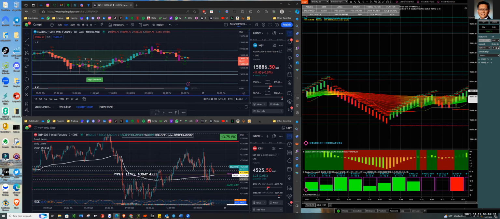The Dark Diamond Trend Sniper, the DDTS, is just the indicator. It gives you the buy sell signals like the Futures Pro does. The Futures Pro on TradingView is basically the offshoot or the twin in NinjaTrader.